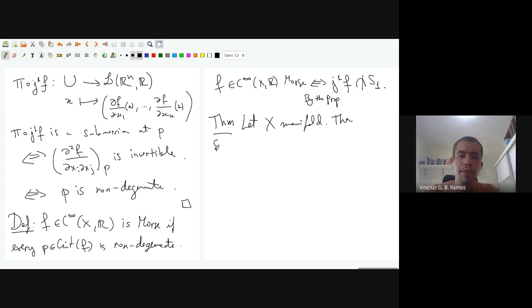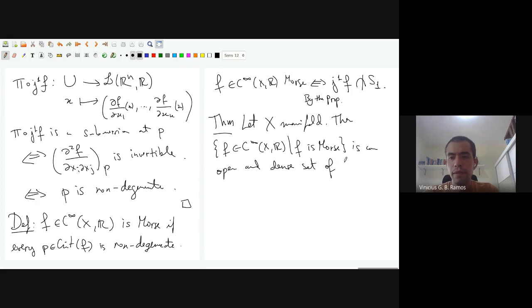Then the set of Morse functions is an open and dense set of C infinity of X, R. Okay, so proof. Well, let me call this a corollary, because I want to refer to it.